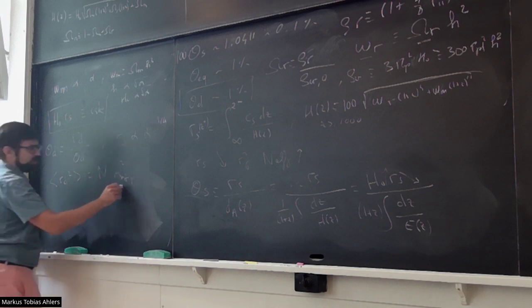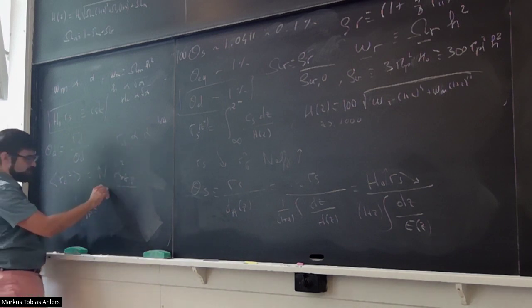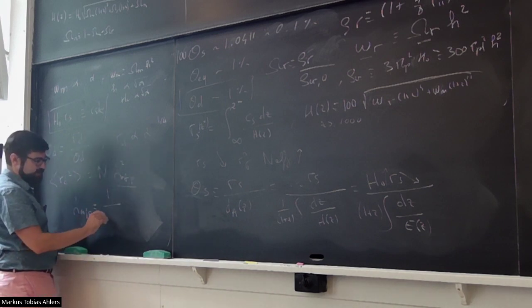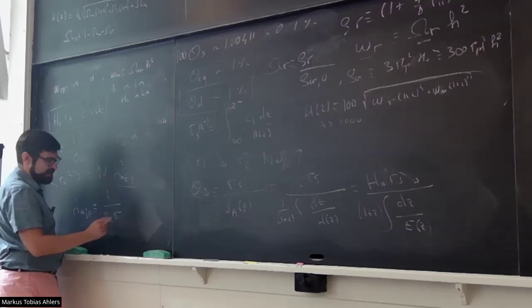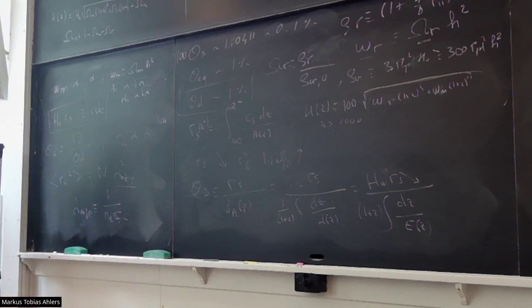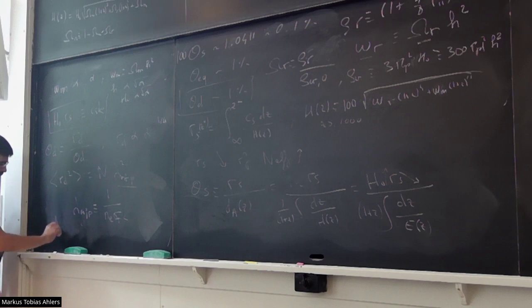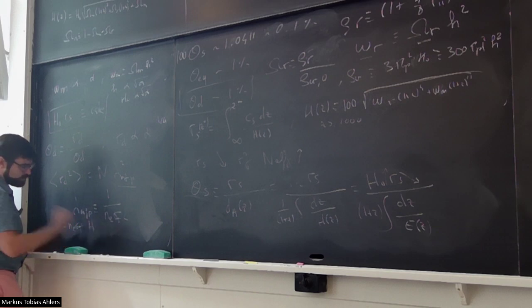And that mean free path is 1 over the scattering rate. And the scattering rate is the number of electrons times the Thomson scattering cross-section. And the number of scattering events is the scattering rate, so it's n_e sigma_T, times the Hubble time.